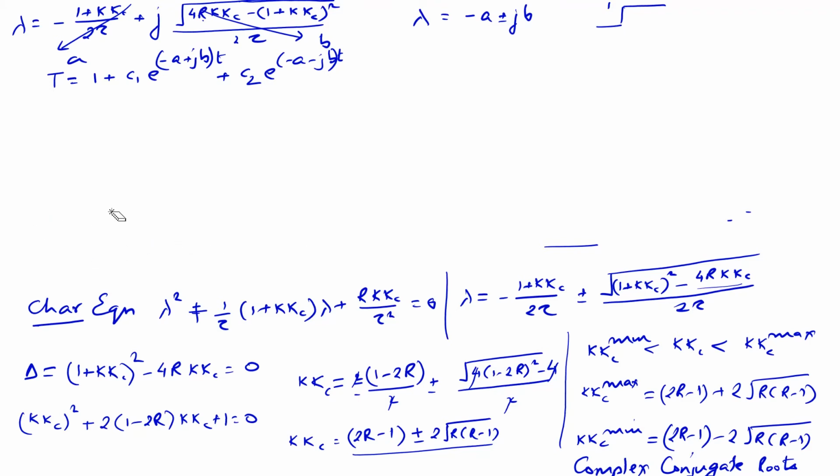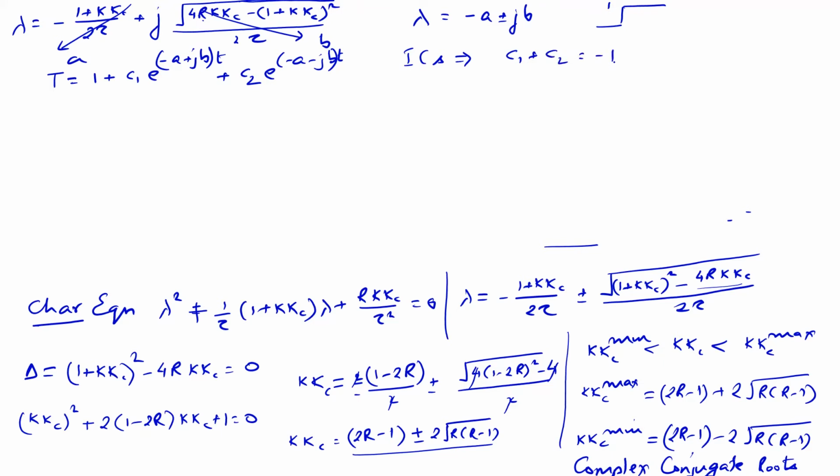So from the initial conditions, at t equal to 0, temperature equal to 0 gives C1 plus C2 is equal to minus 1.